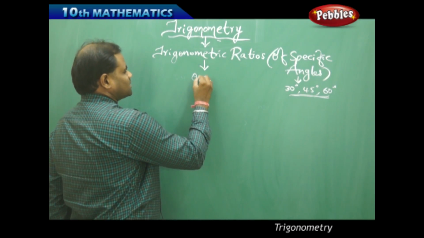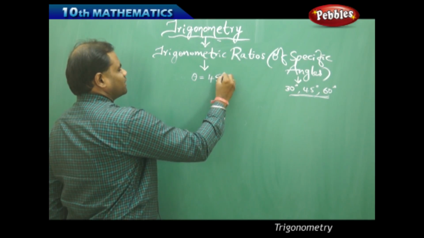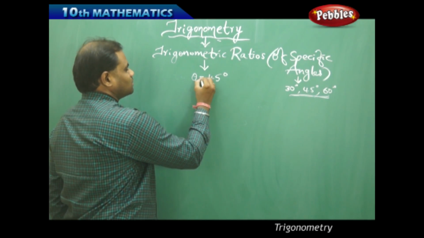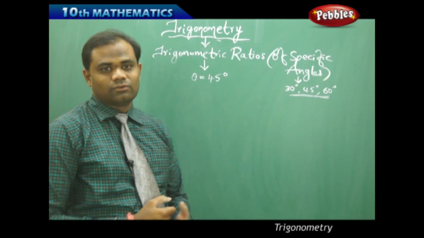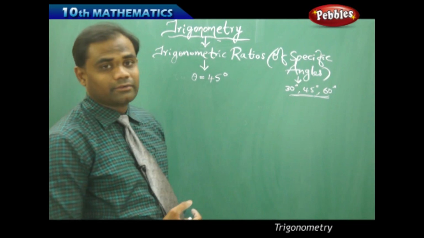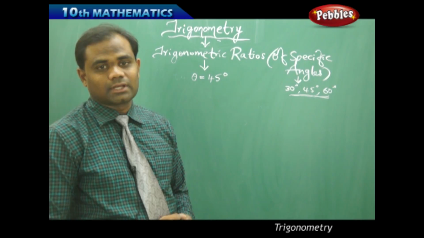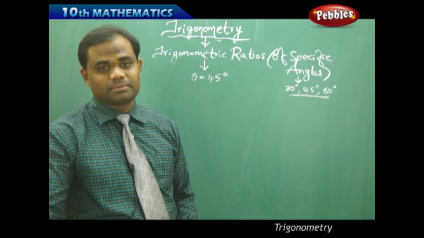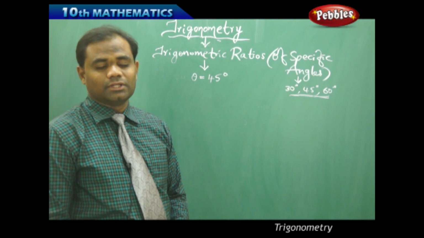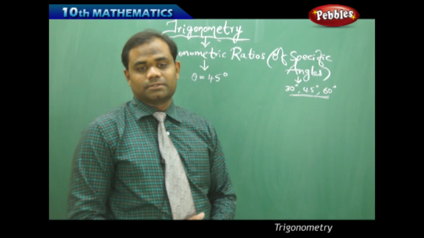So let me first take theta equals 45 degrees, and let's see how the trigonometric ratios can be found for finding sine 45 degrees, cos 45 degrees and tan 45 degrees, and the respective cosecant, secant and cot, using the triangle properties.